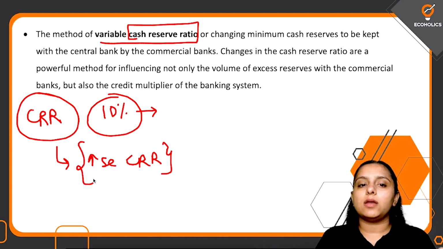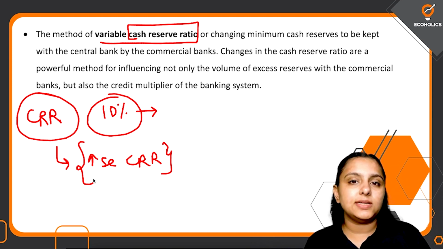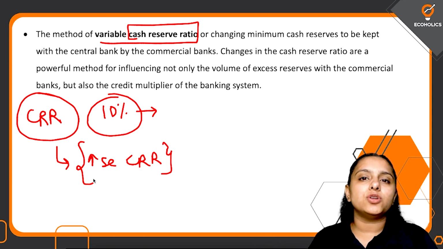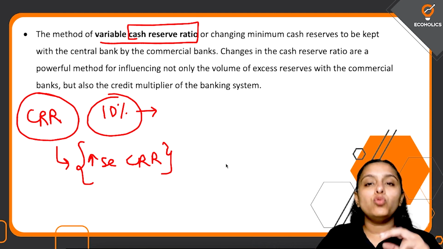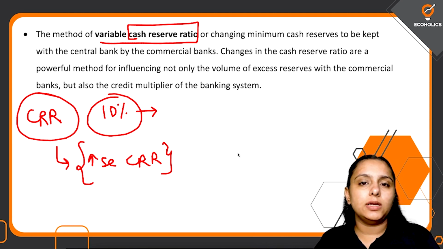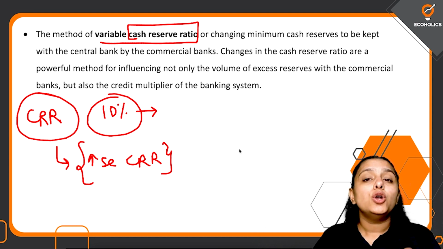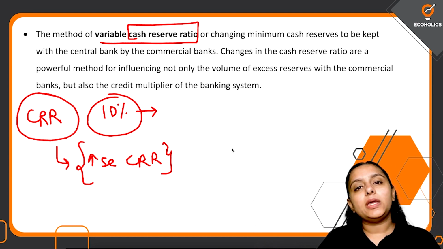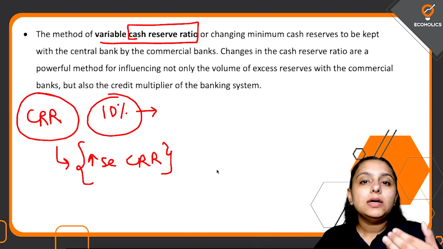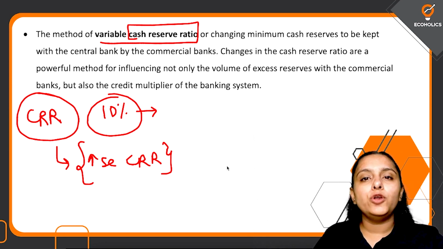If you increase CRR from, let's say, 10% to 12%, now they need to keep 12% of money with them. That 2% which was going to loans earlier would be absorbed back and won't be lent to the market. So by increasing the CRR, the central bank can decrease the volume of loans or credit creation in which the commercial banks are involved.